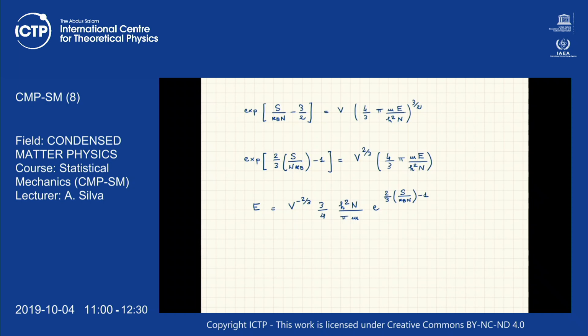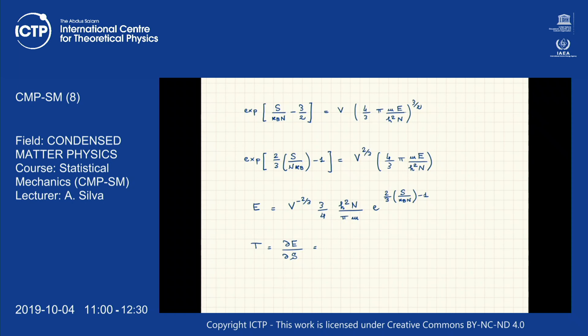Now quickly, it makes sense because, okay, now let us compute the temperature. The temperature is dE over dS. Okay? So therefore, if I compute the temperature, you see that the only place where S appears is here, in an exponential.